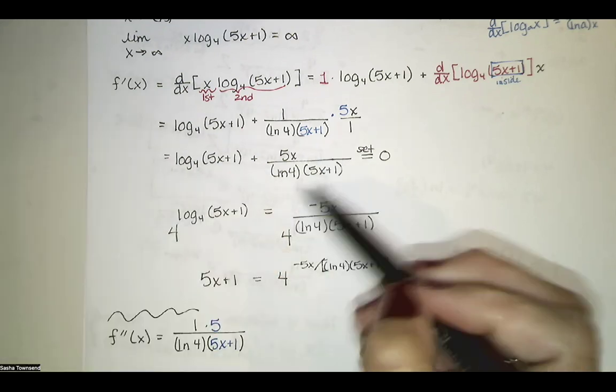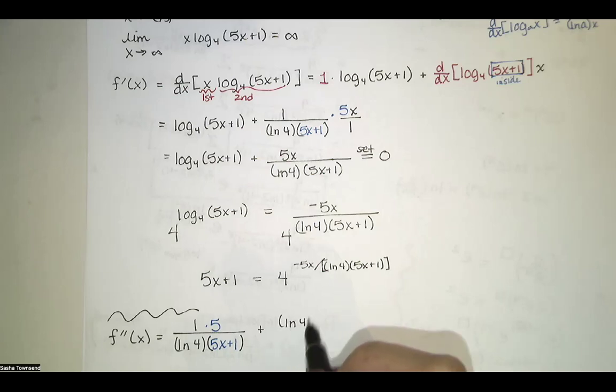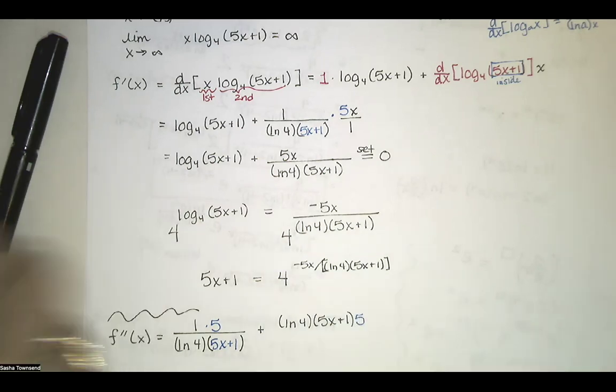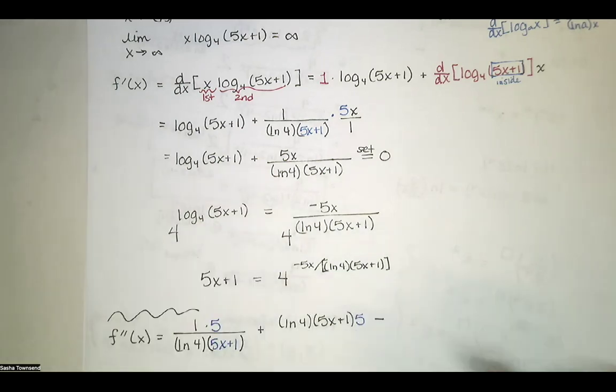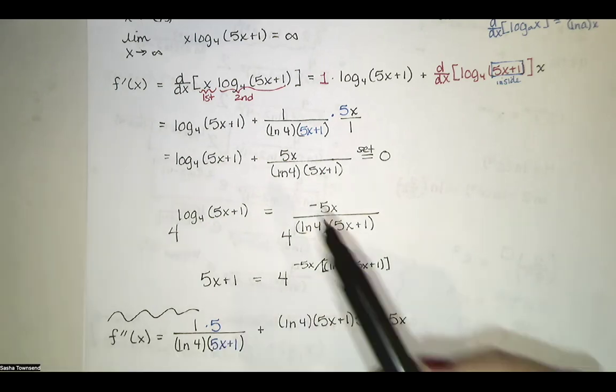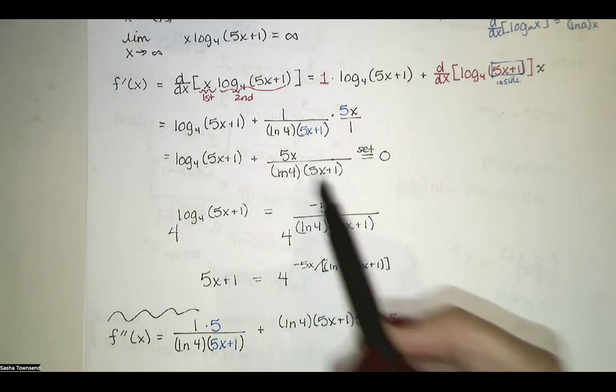And then the derivative of this requires a quotient rule. So we'll have the bottom function times the derivative of the top function, which is 5. That's low d high minus high d low.